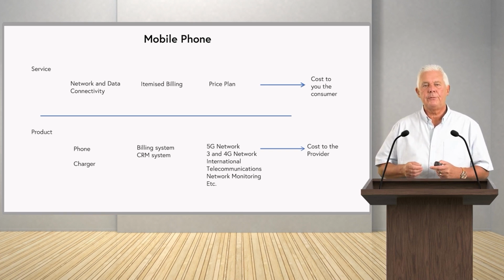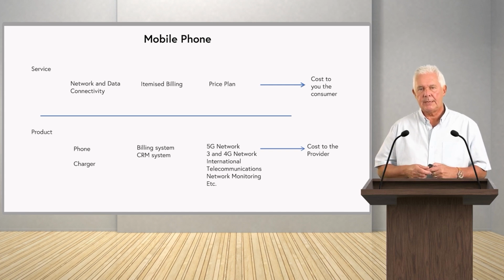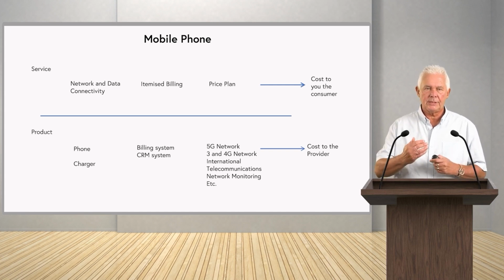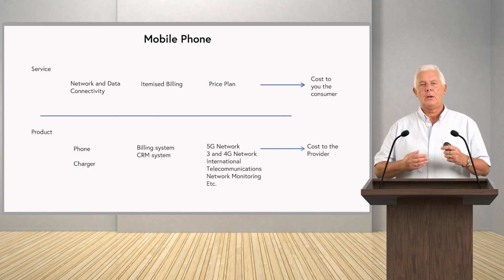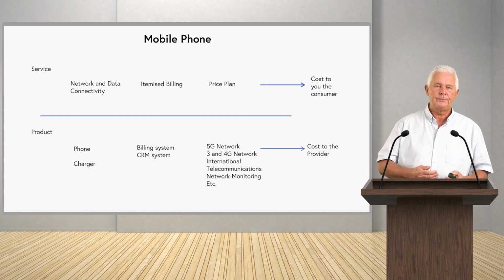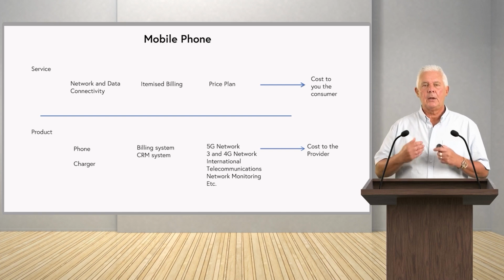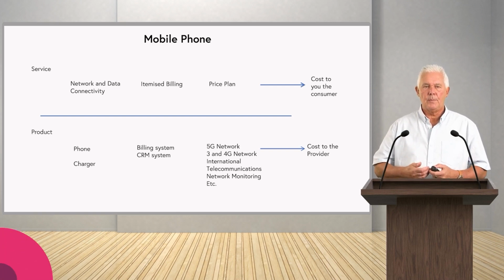And that's very different from the cost of provision, which of course is that massive investment in network technology, international telecommunication links, etc. So just understand this distinction when we talk about costs and risks of provision, which is with the provider, and costs and risks of consumption, which are with the consumer.